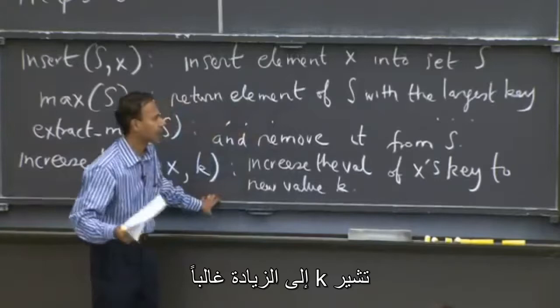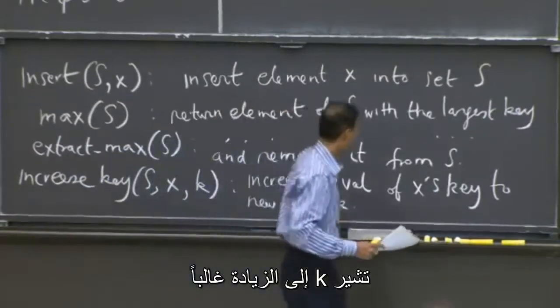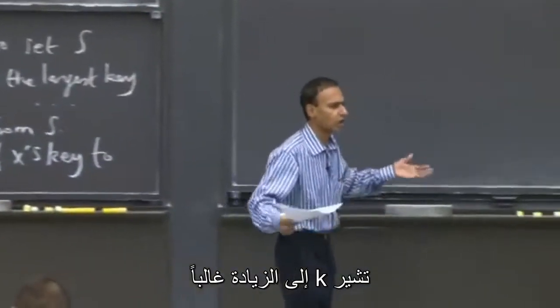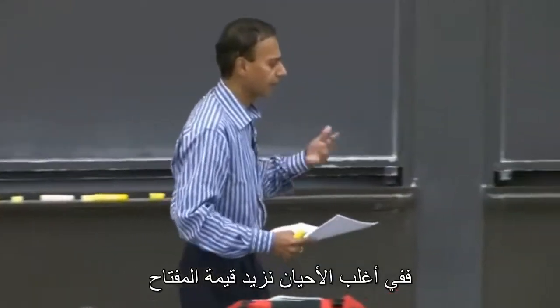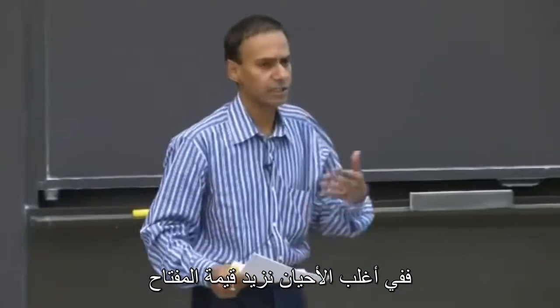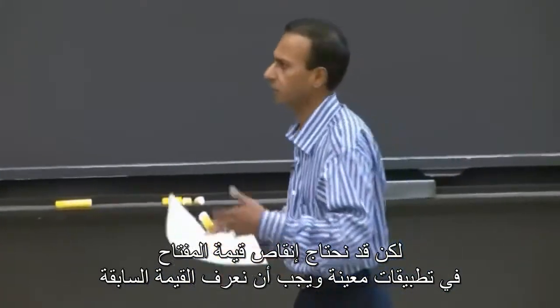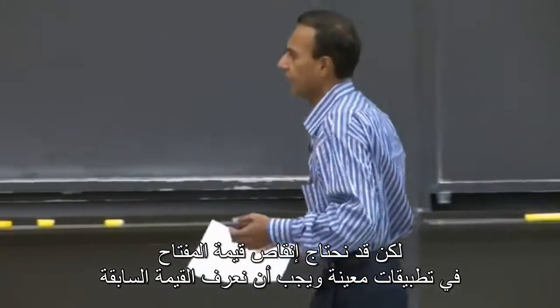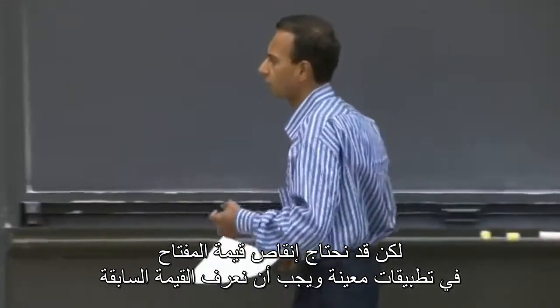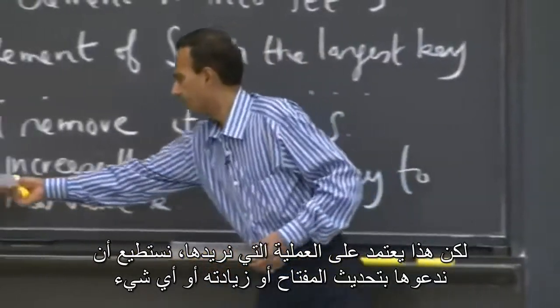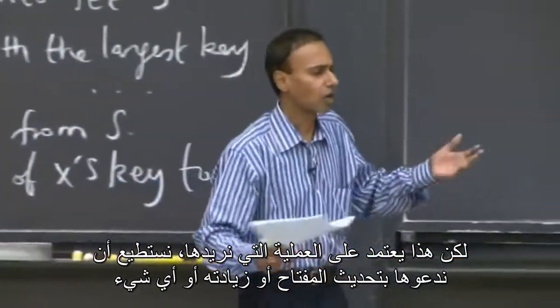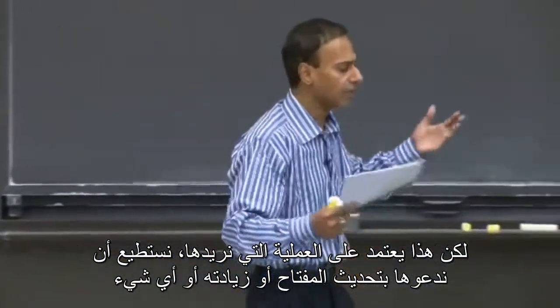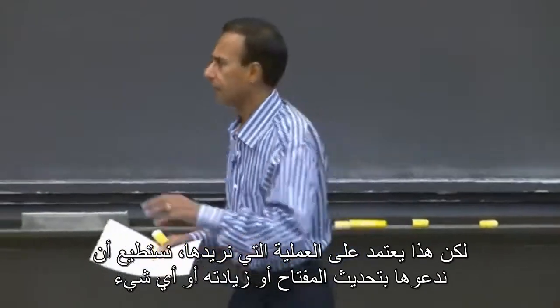It's just called increase. Most of the time, you're increasing the value in a particular application. You could have certainly a decrease key, and you'd have to know what the previous value was. It's just a matter of exactly what operation you want to perform. You could call it update or increment, whatever you like.